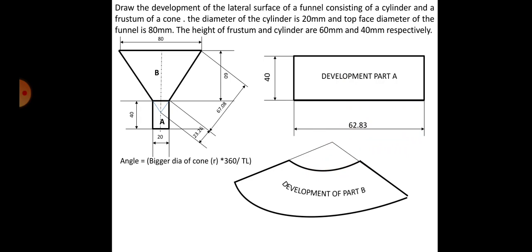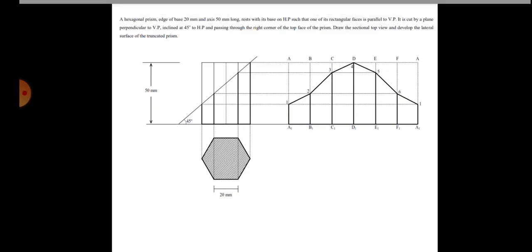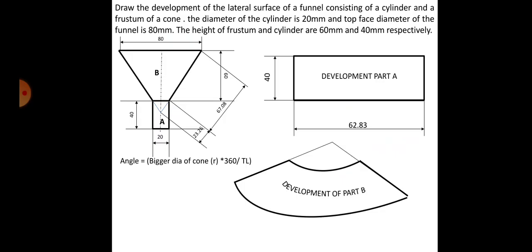So that is development of part B. Development of part A is separate, development of part B is separate. So together when they roll it, fold it, and you get the cylinder and the frustum of the cone, put it together, and at the joints if you solder it, you get the funnel.